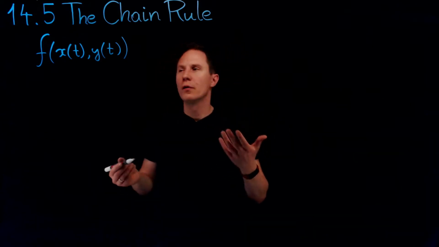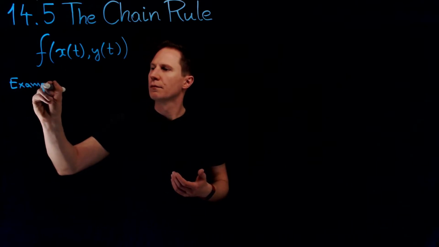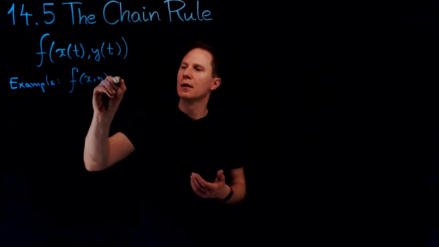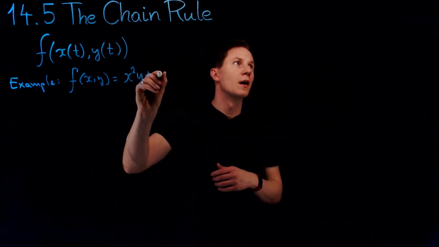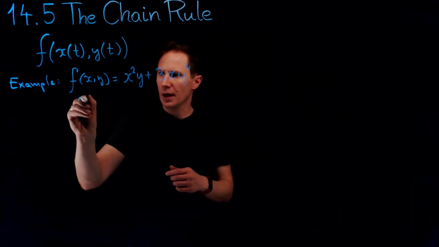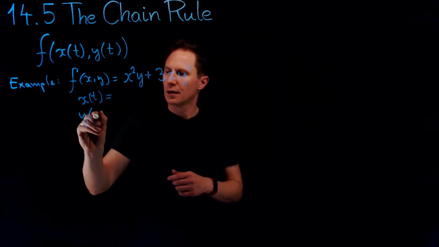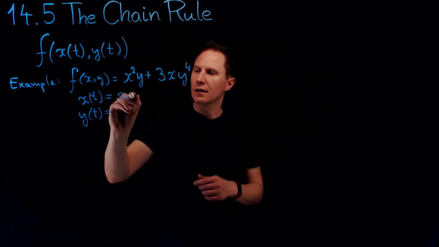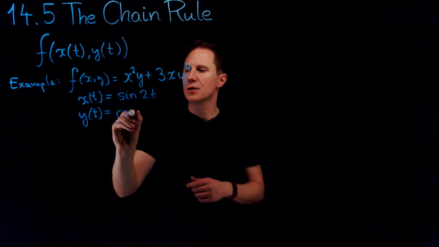Just to give you an example, let's say that f of x and y is x squared times y plus 3xy to the 4, but x and y depend on a third variable t. x is the sine of 2t and y is the cosine of t.